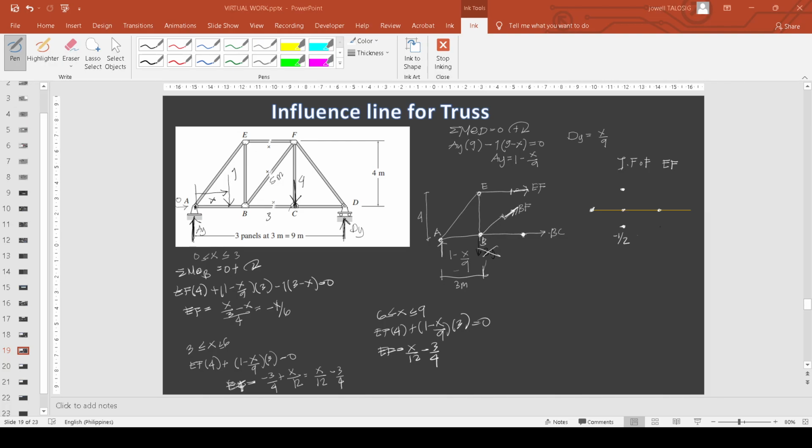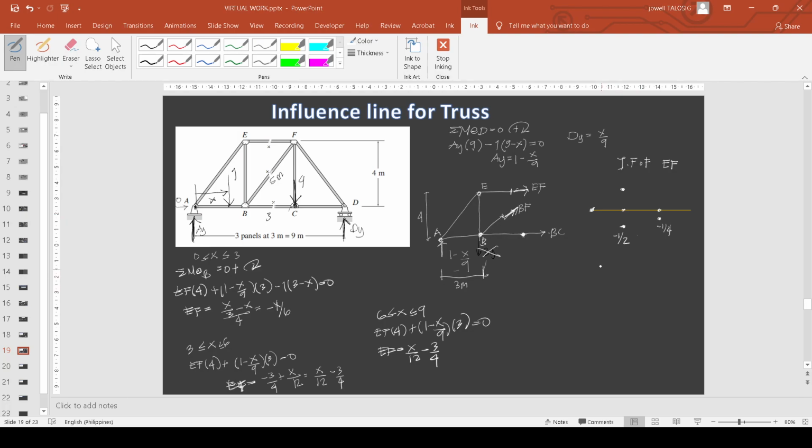And then next, when x is equal to 6, using the same equation for situation number 2, ang lalabas negative 1/4. Okay? So negative 1/4 ito. Dito, no? So negative 1/4.